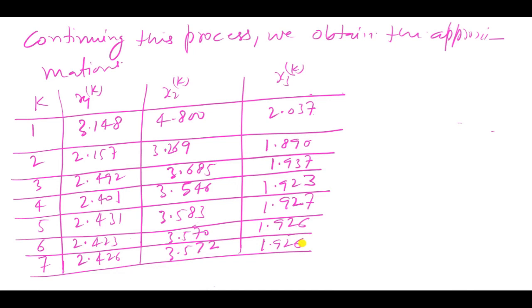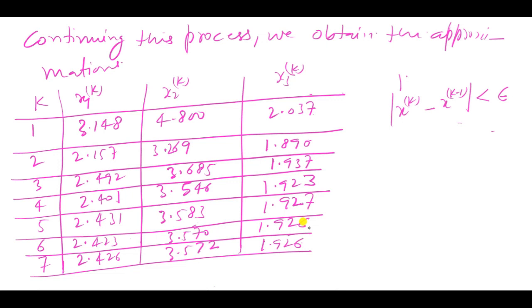So according to the stopping procedure of the Gauss-Jacobi iteration method, the difference between the kth approximation and the k minus 1th approximation should be less than epsilon. Here we compute the solution correct to 3 decimal places.